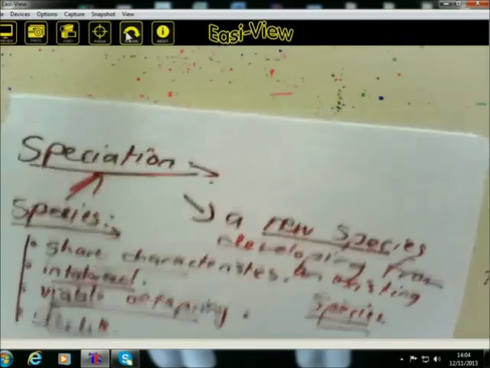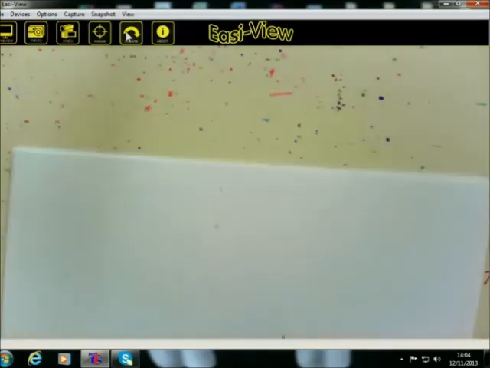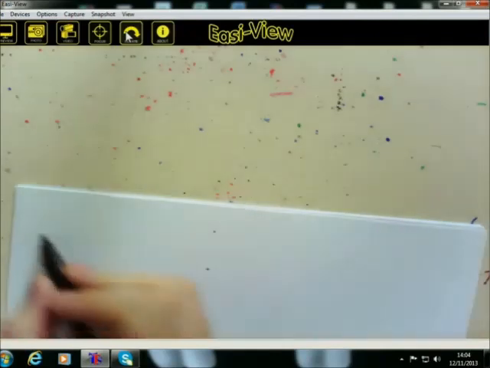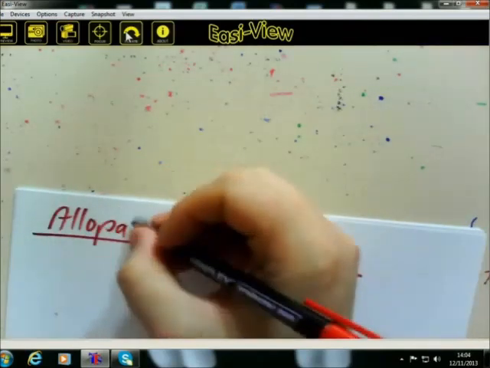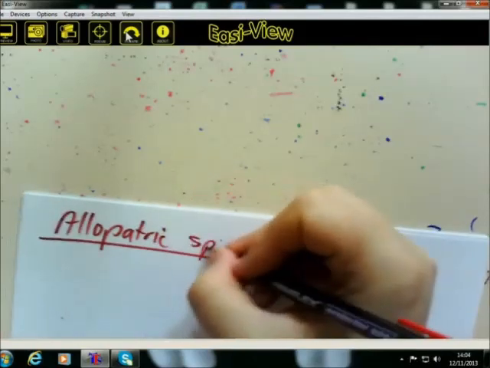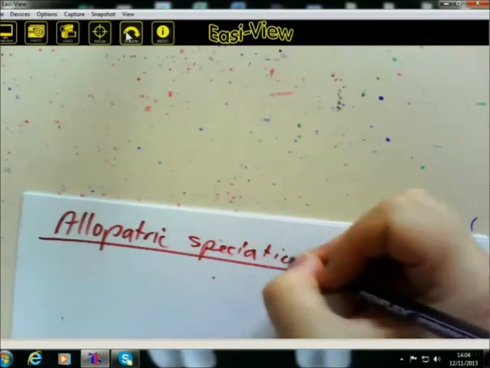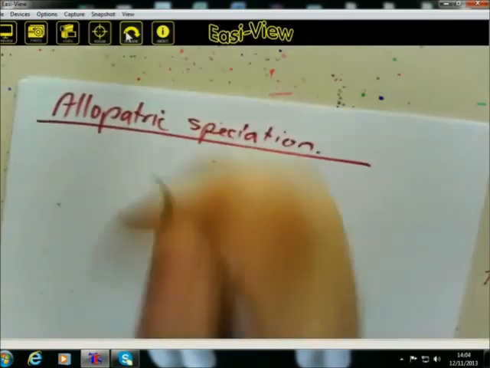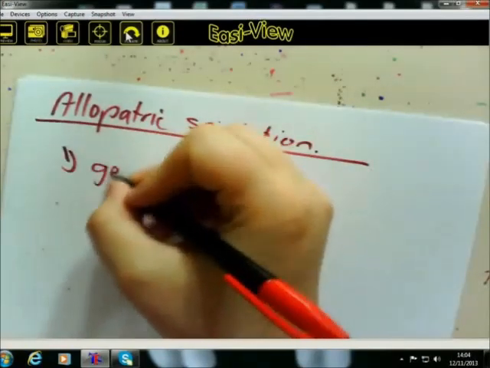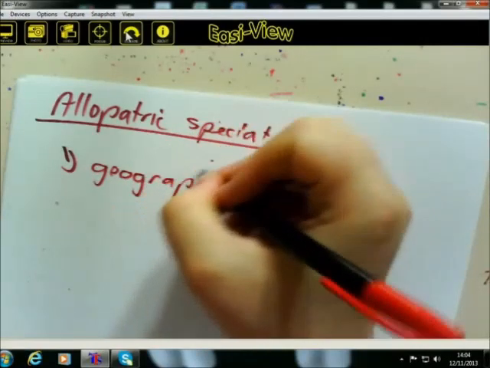Okay, and there are 2 ways in which speciation can happen. The first one is called allopatric speciation. And what has to happen here is that there has to be some sort of geographical barrier.